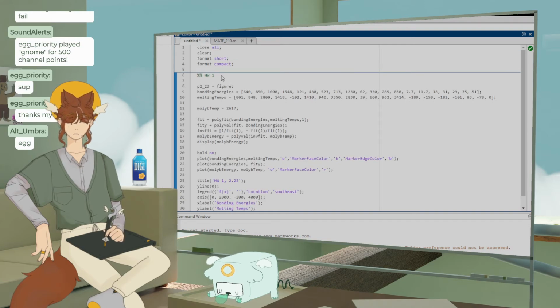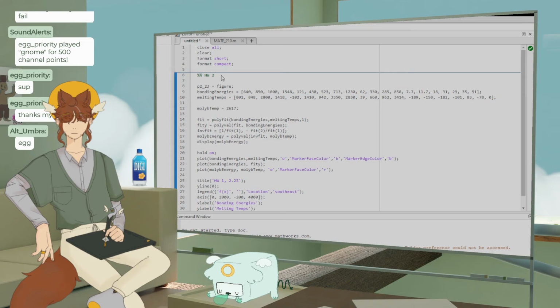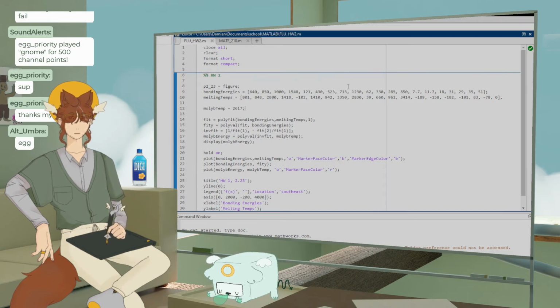This is homework 2. We're going to save this. I'll have to move them. There we go. Homework 2, underscore. Perfect. Okay.